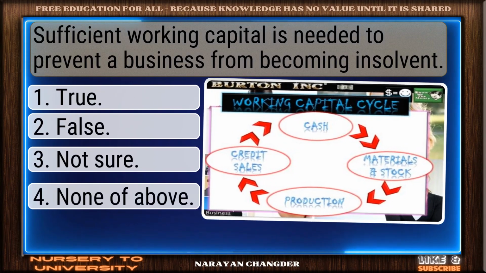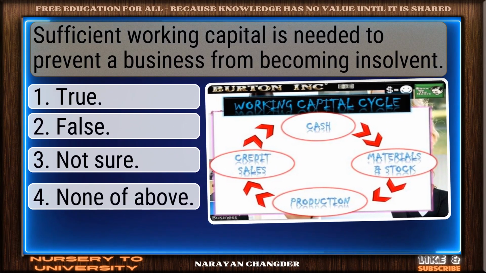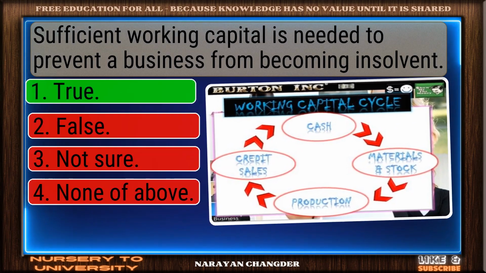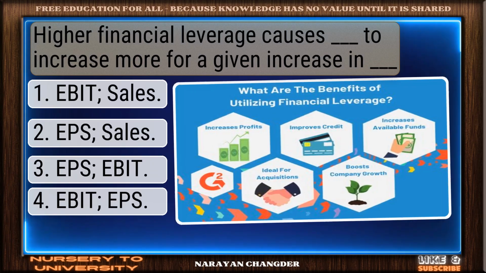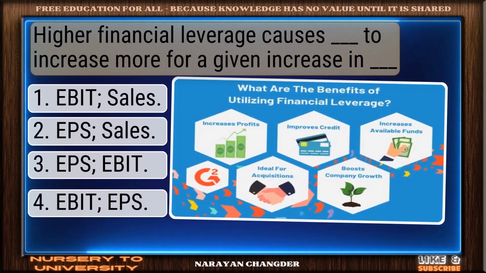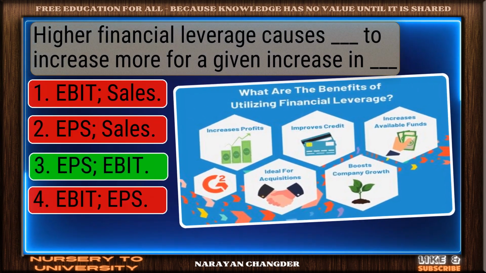Sufficient working capital is needed to prevent a business from becoming insolvent. True or false? Solid response. True is a valid choice. Higher financial leverage causes dash to increase more for a given increase in dash. Clear logic.